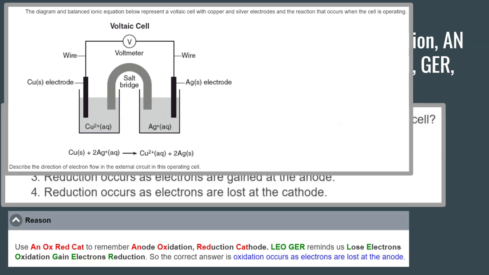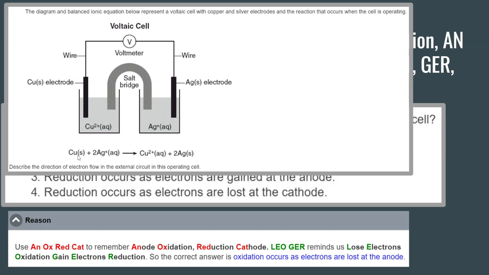The diagram and balanced ionic equation below represents a voltaic cell with copper and silver electrodes and the reaction that occurs when the cell is operating. Describe the direction of electron flow in the external circuit in this operating cell. Please note that nearly always you'll be presented with an equation that summarizes what's happening in the cell.